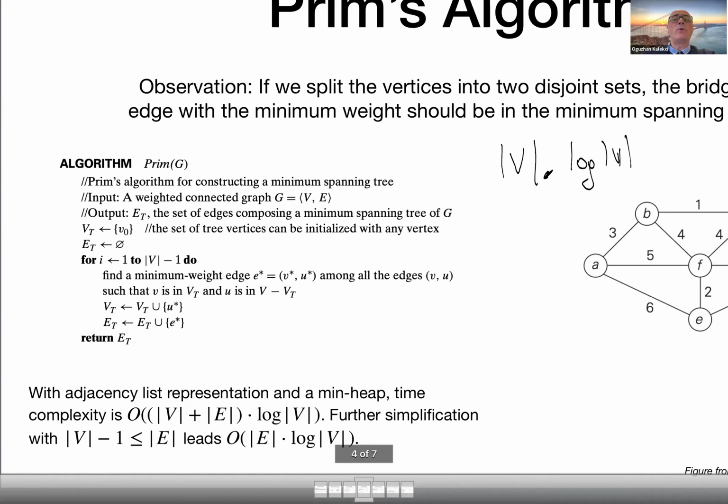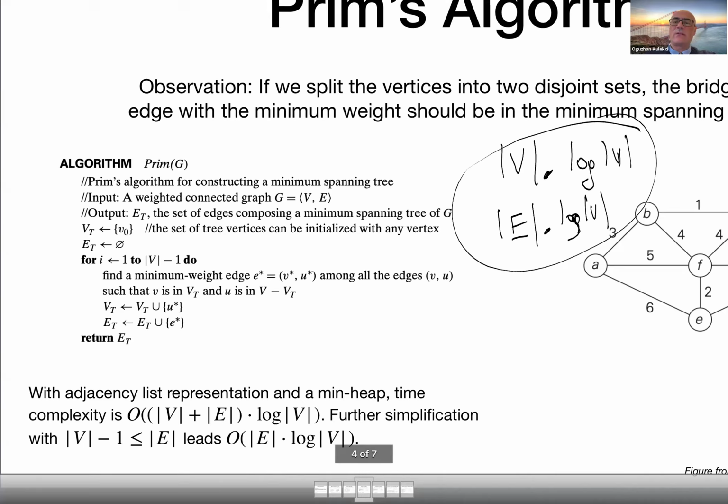However, while removing, I should also check whether the priority is correct. So that means in the worst case, I may need to have the number of edges in the tree times update operations. So that is log V, right?